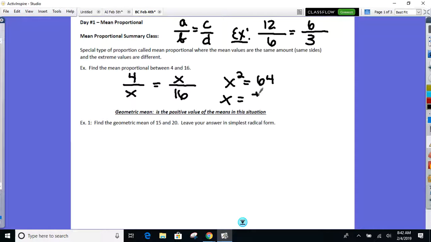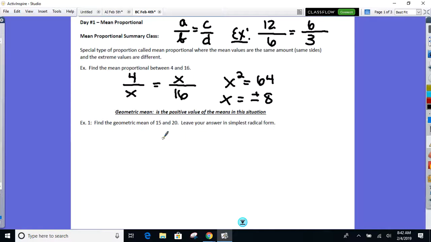So it is plus or minus 8. But as you guys know, we'll probably be working with diagrams, and the negative probably is not going to fly. So then we turn our attention to what's called the geometric mean, which is the positive value in this situation. So geometric mean is the positive mean proportional, the positive version.